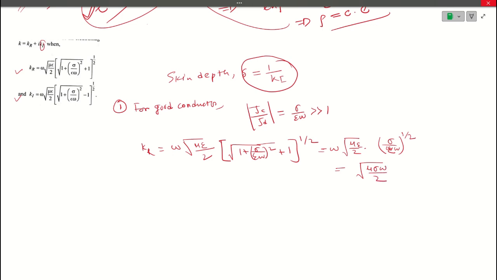So this is the Kr value, the real part of K.